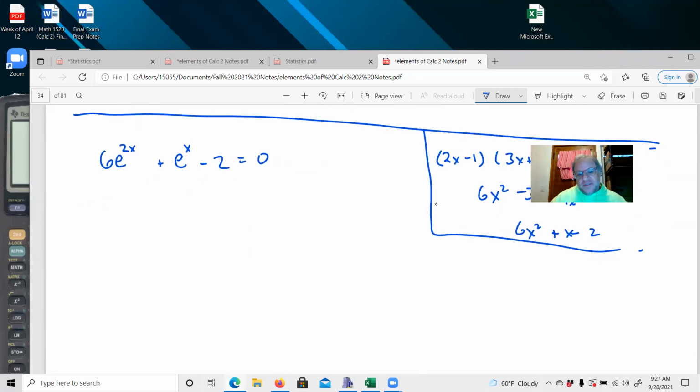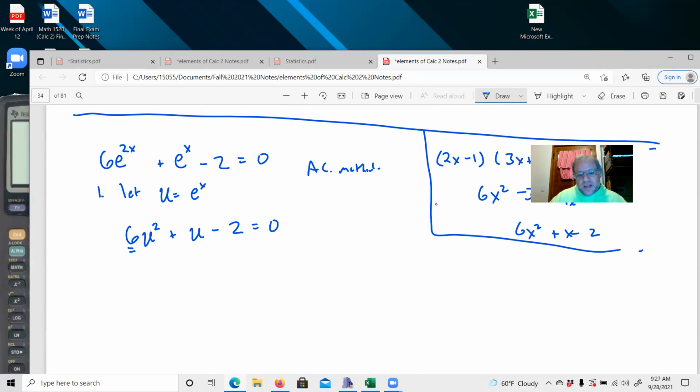You're not going to have this. So how do you solve? Well, we're going to use something called the AC method, because we have to factor this. So the first thing is we're going to let u equal e to the x. So we have 6u squared plus u minus 2 equals 0.